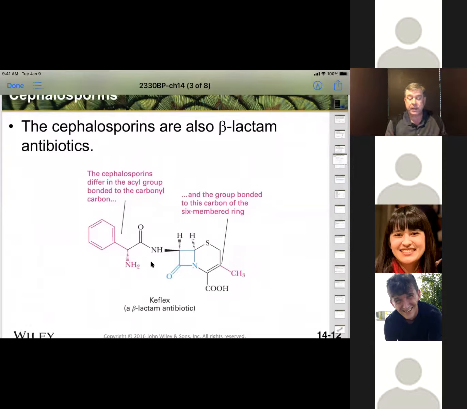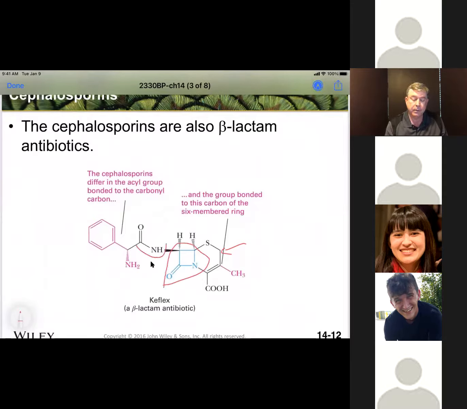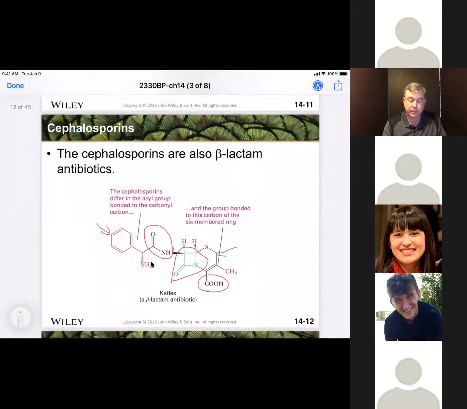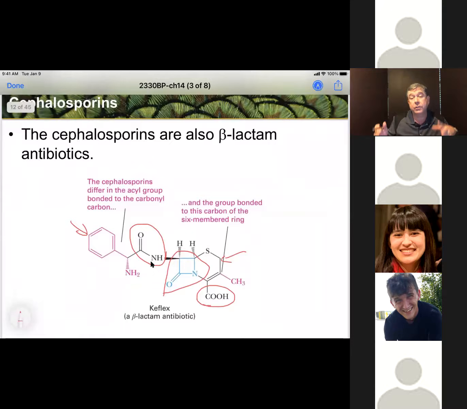Notice it's changed slightly. We have a bigger ring here. We don't have the 5-membered ring. We have a 6-membered ring, but it has some of the same features of the lactam, the amide, and the carboxylic acid. And we've changed the functional group here. So we can use these different functional groups in a lot of our everyday biological system life.